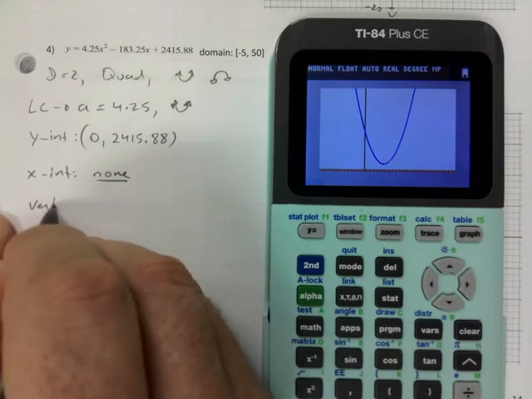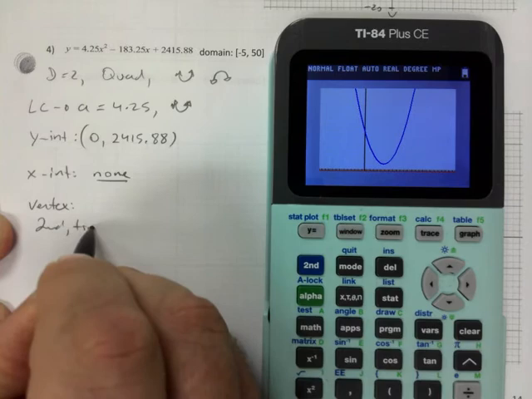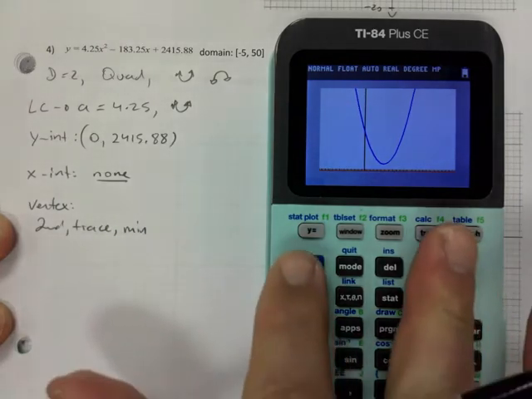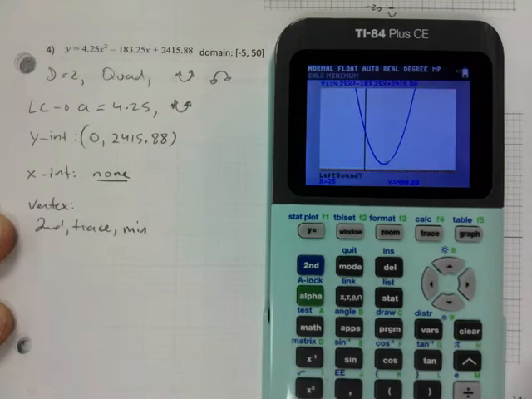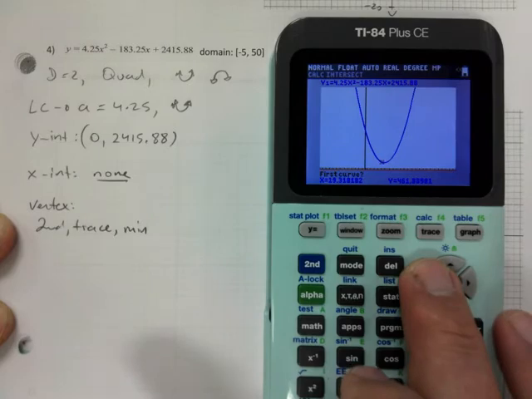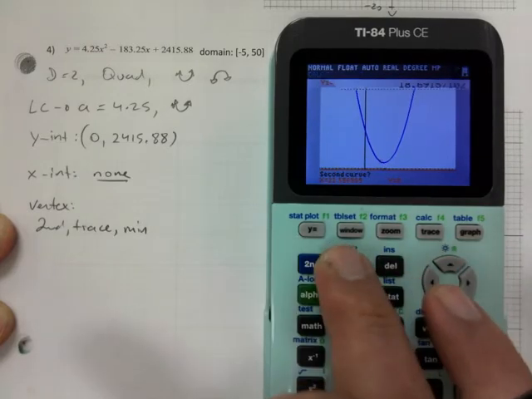Then vertex. Second trace. In this case, it's a min. Okay, so second trace minimum. I'm going to go to the left of it. I'm going to go to the right of it. Enter, enter, enter. Oh, let's try it again. As soon as you deviate, you have to redo it. Oh, sorry.